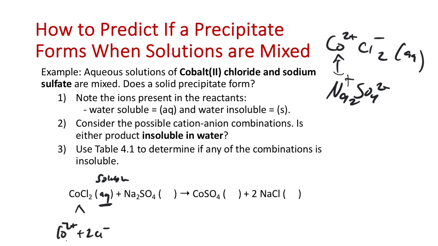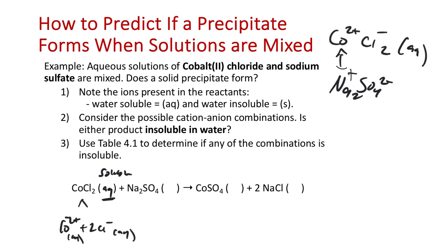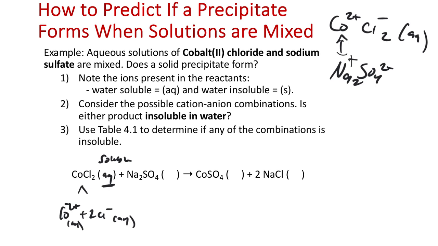In solution, it's really the cobalt ion AQ and then the chloride ion AQ. And AQ just means dissolved in water. And so cobalt aqueous, chloride ion aqueous, those are in the solution.